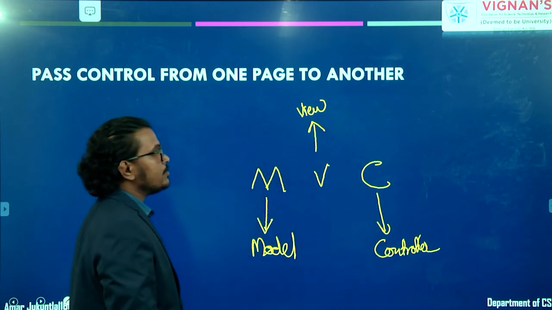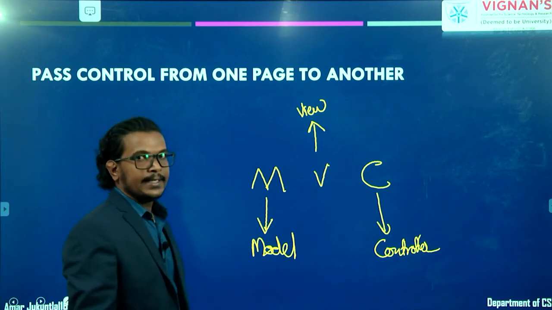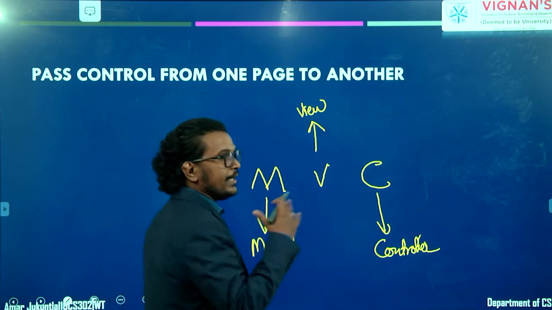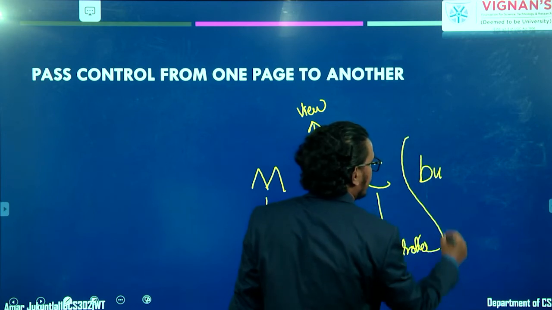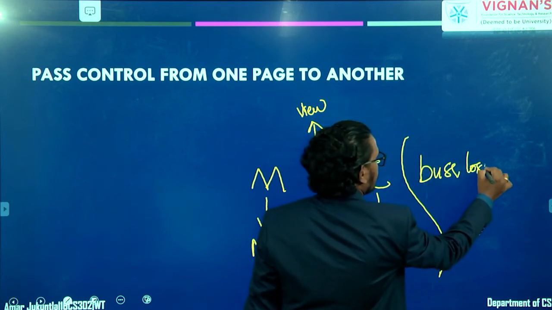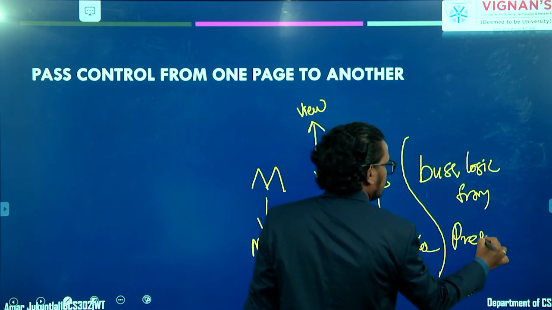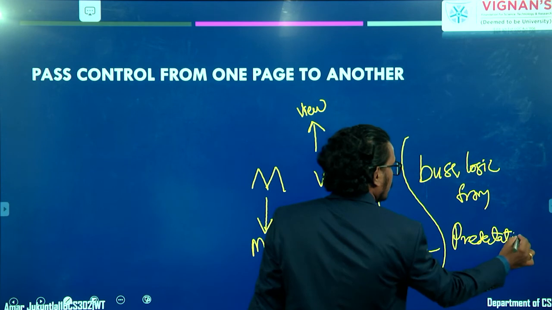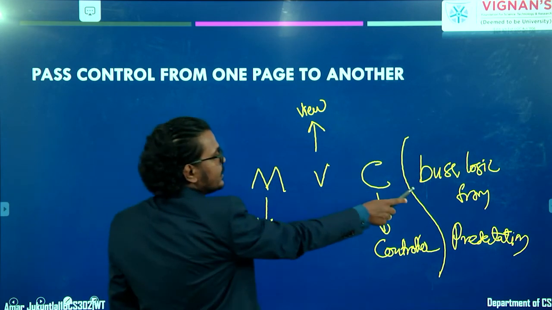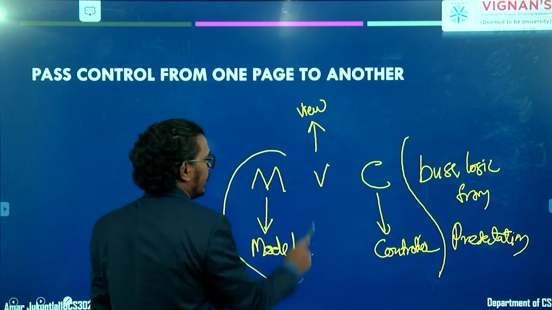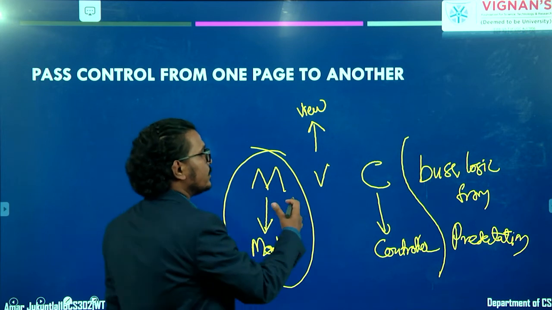With the help of this MVC architecture, what it is doing is differentiating the business logic from the presentation. We maintain the business logic in the model, so it differentiates the business logic from the presentation.